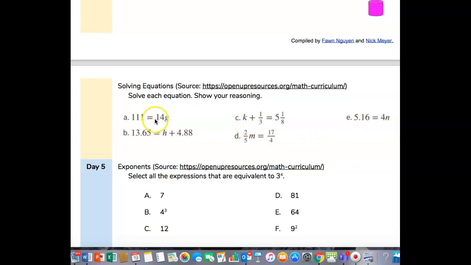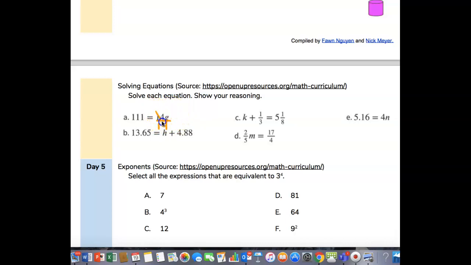All right, so in order to solve, we have to get that g by itself. So let's take a look. This is multiplication, so to get g by itself, we have to divide. So that's 14 divided by 14 is just 1, so this is left with g.